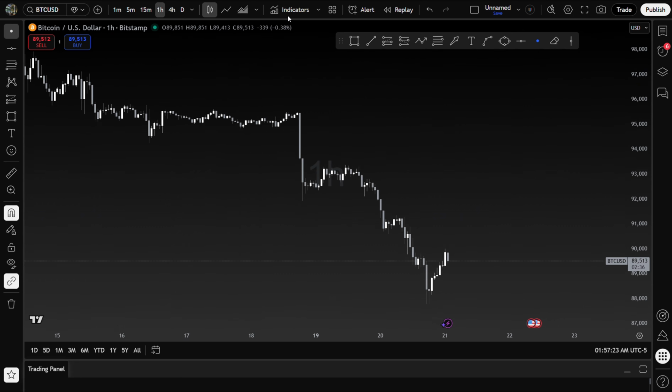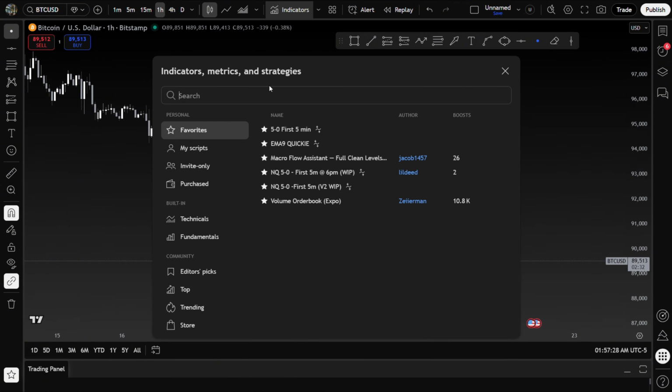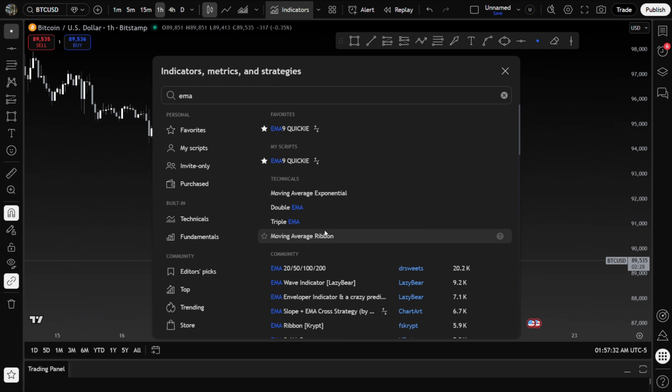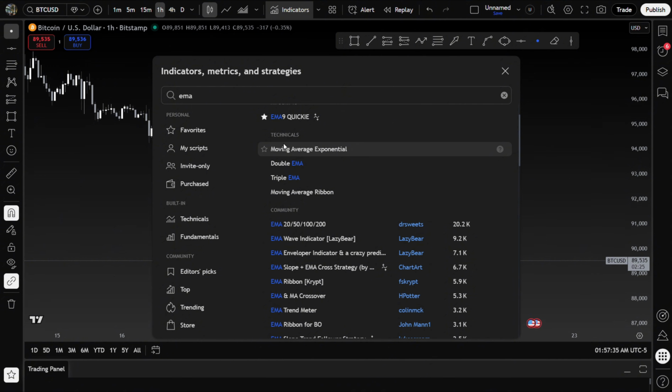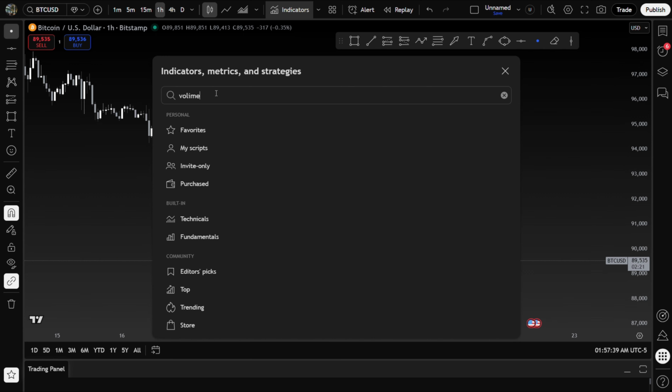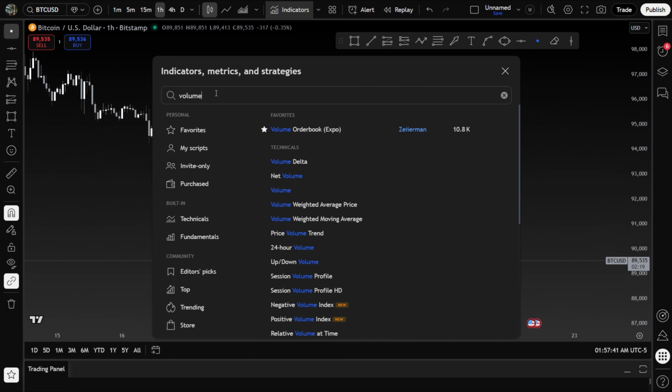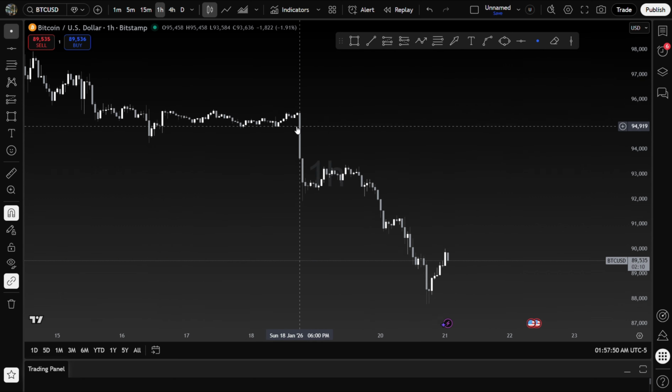To add an indicator to your chart, click on this indicator button here, and you can search up something like EMA, which will add an exponential moving average, or you can search up something like volume, which will help you see participation. So you have volume delta or just plain volume. And by default, you'll usually have this on your chart, so you won't have to add this to your chart at all. It'll just be there for you.